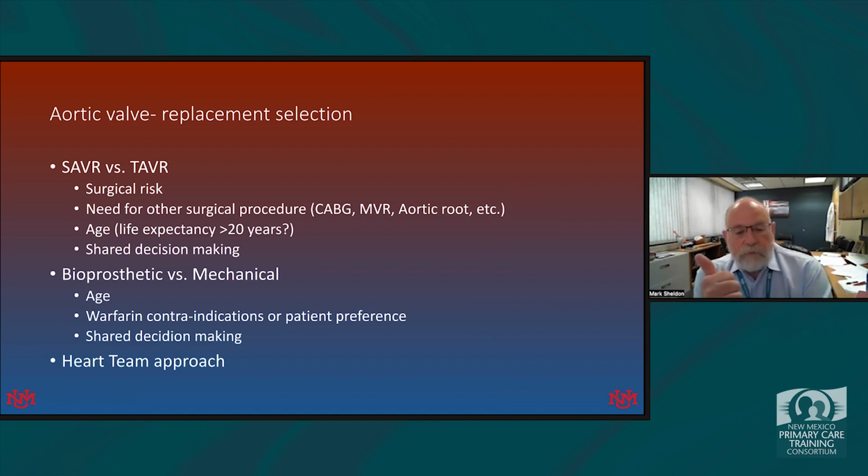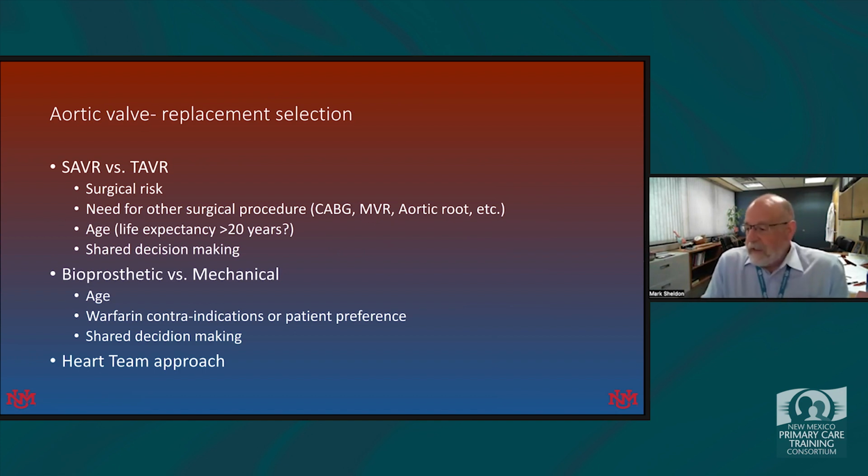But surgical would certainly be indicated if they're having a concomitant bypass, or they need a mitral valve replacement or surgery, or if you need to replace the aortic root because it's dilated or aneurysmal. You ought to consider doing a surgical valve replacement, in particular a mechanical, in someone who has a life expectancy of greater than 20 years.